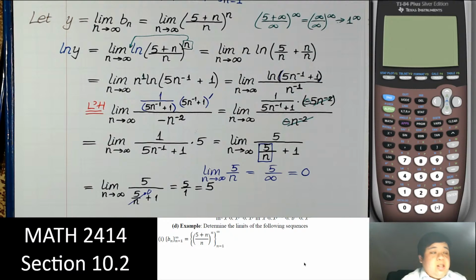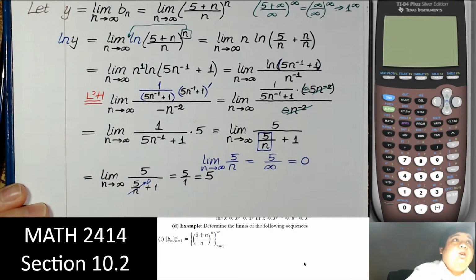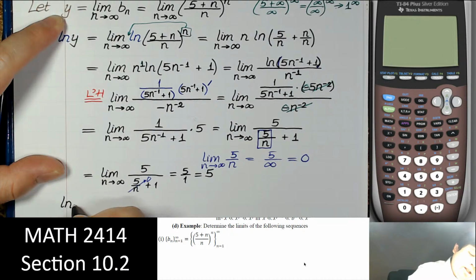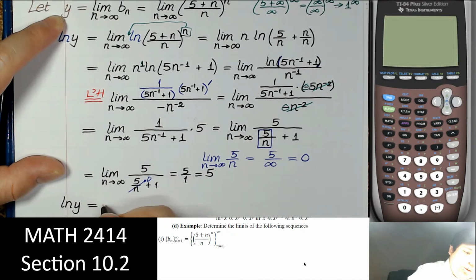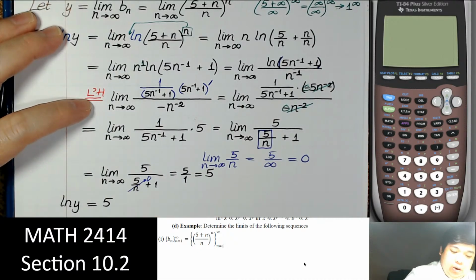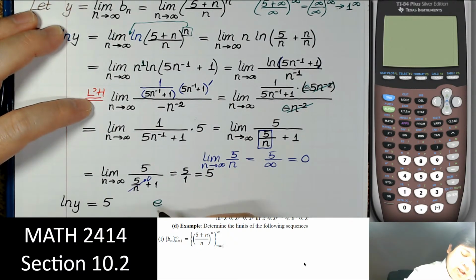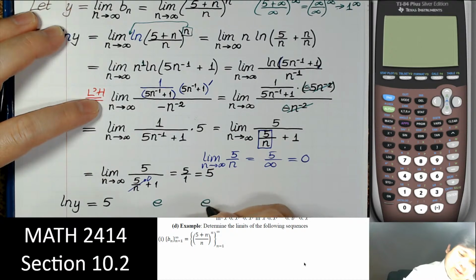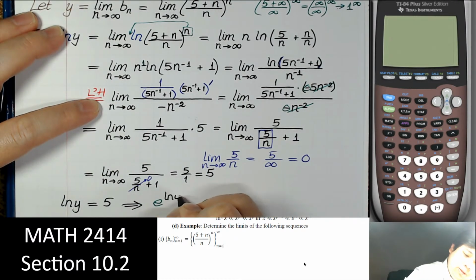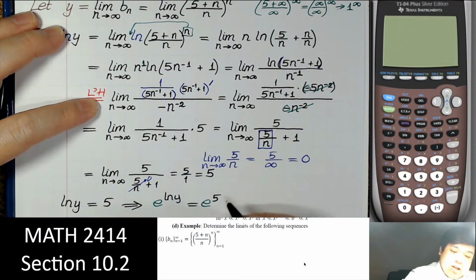Right, this is a typical problem where we take ln on both sides. You will see this a few more times. And finally, that is not the limit. We have ln of y is equal to 5. To get rid of the ln, we raise both sides to the exponent, and e and ln cancel out.